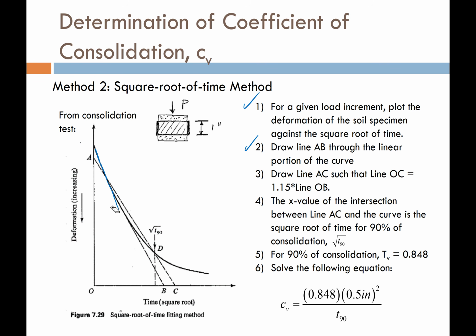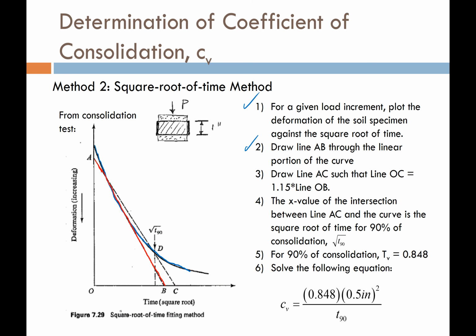The correct way to say this would be draw it through the belly of the curve. So you see how when you do the log rate of time curve, it kind of has this curvy shape to it. What we're going to do is draw line AB right through the belly of the curve.